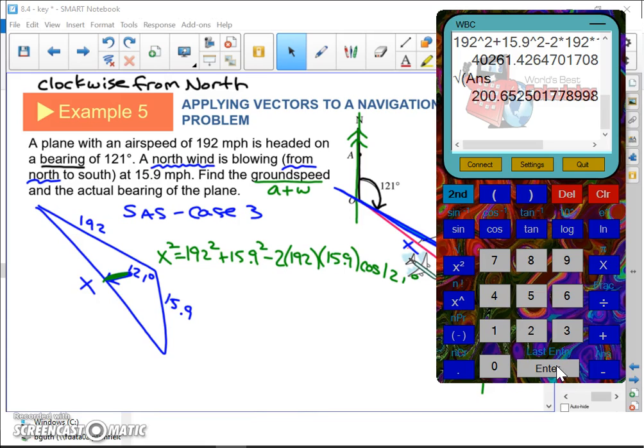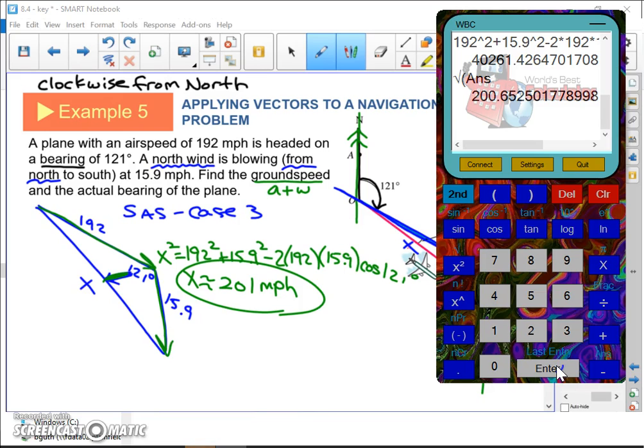200.65, let's call that 201 miles per hour. x is about 201 miles per hour. That's the ground speed of the plane, the speed of the plane plus the wind. Notice the wind is at the back. If the plane is flying this way and the wind is blowing in this direction, think about whether the wind is helping it or hurting it.